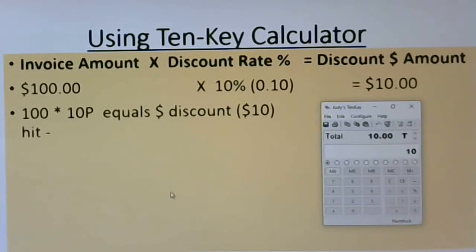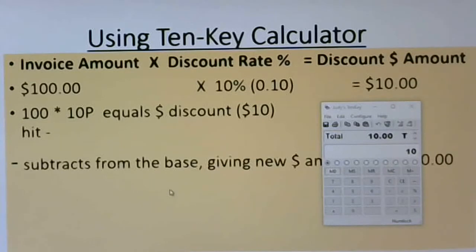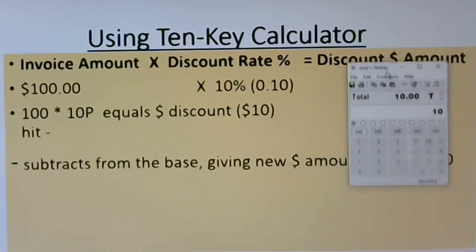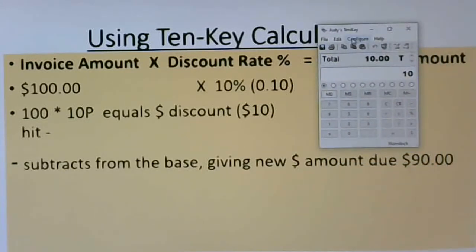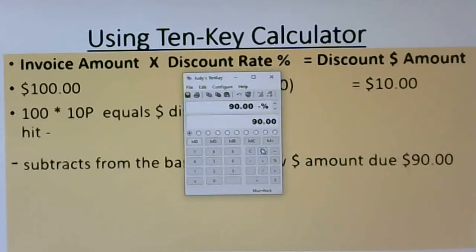Okay, so now what am I going to pay? If I hit the minus sign, it subtracts the discount amount from the base, which gives the new amount due. So I owe $90.